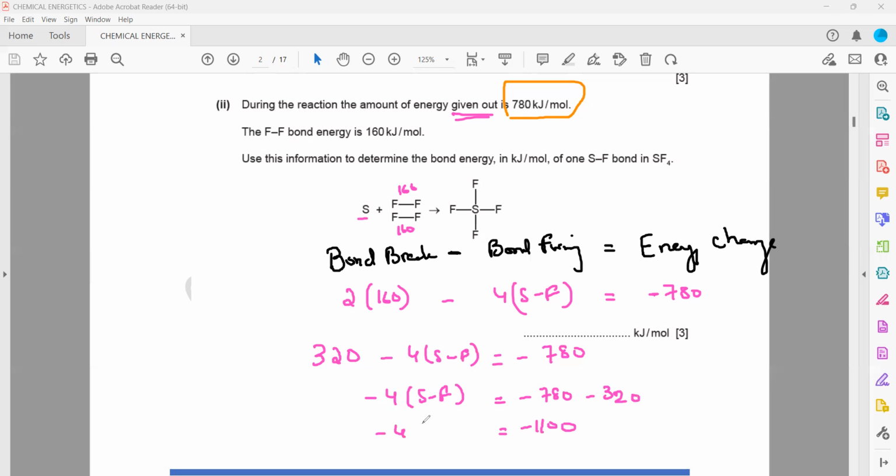So minus 4 SF is minus 1100, but we need it for 1. So what is multiplied on one side is divided on the other. So SF equals minus 1100 divided by minus 4, which equals 275. So 275 kilojoules per mole is the energy for SF bonds.